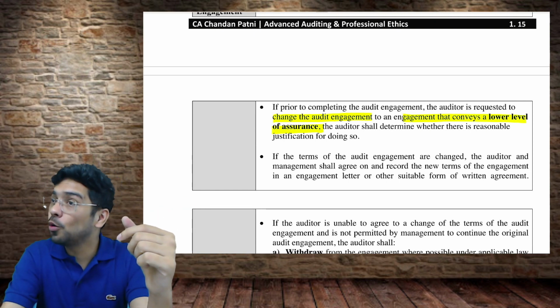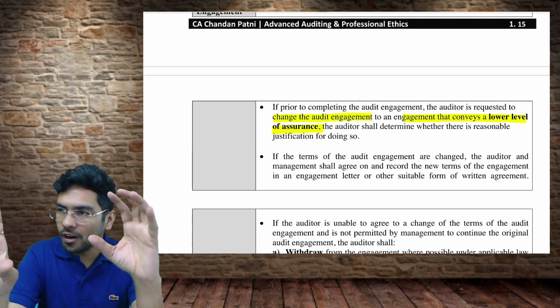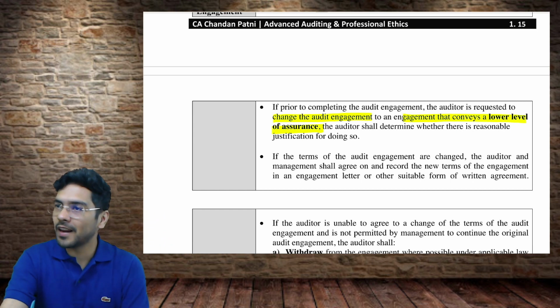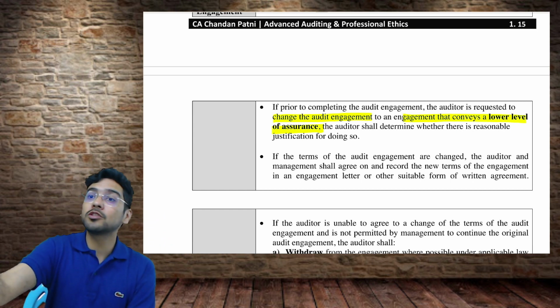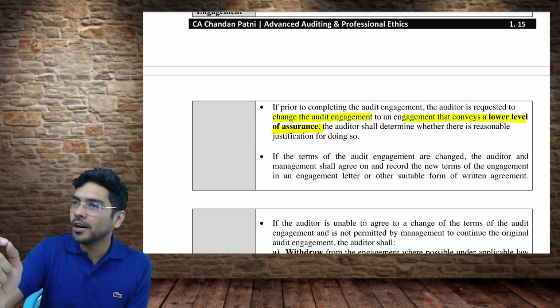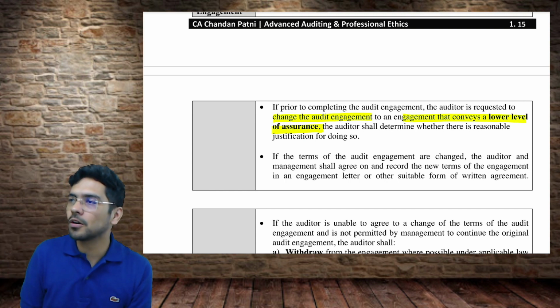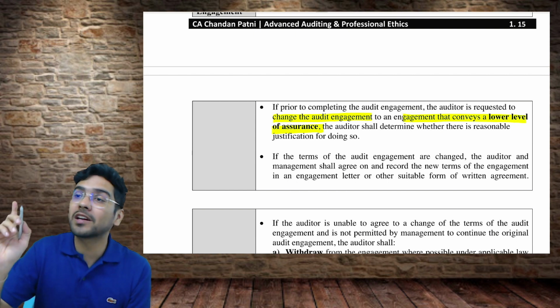In auditing and review, don't we give a lower level of assurance? So if management has asked us to do something like this, will you accept? No. Your appointment was with respect to audit. How can you ask me to do something which conveys a lower level of assurance? So in this case, we are not going to accept the change.